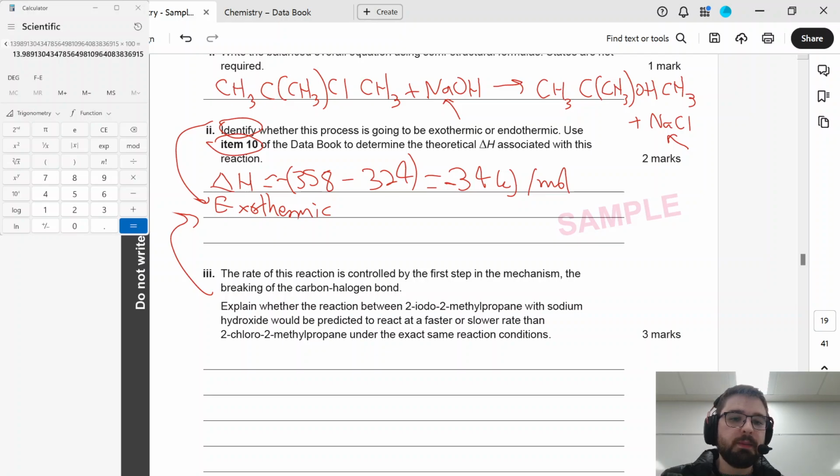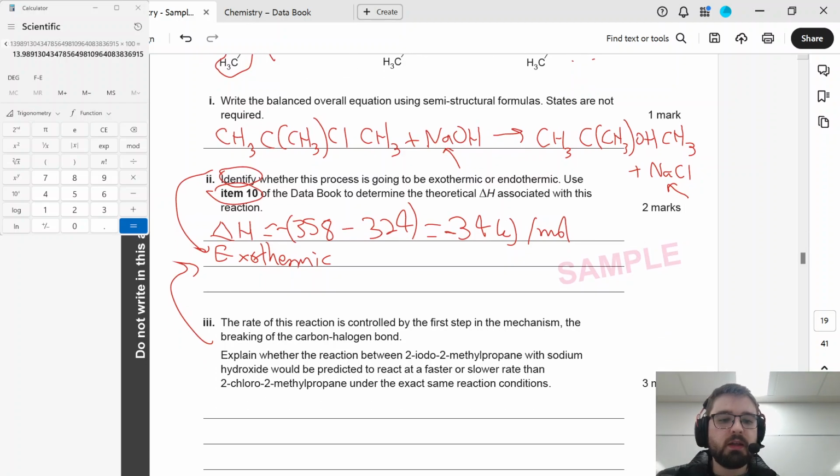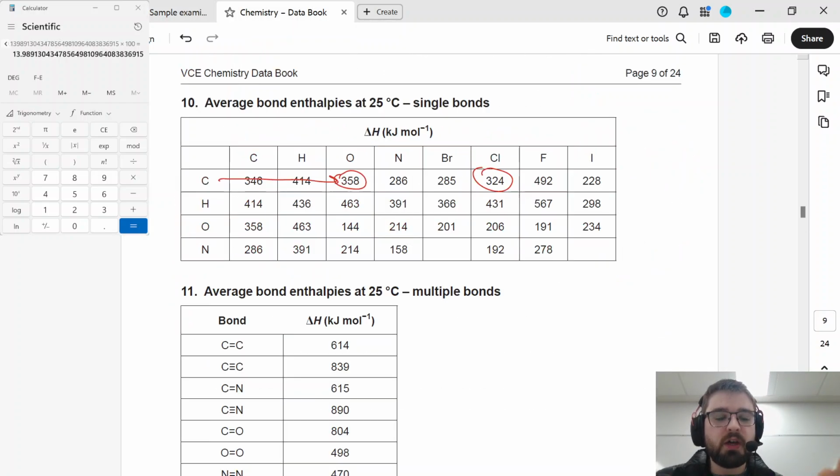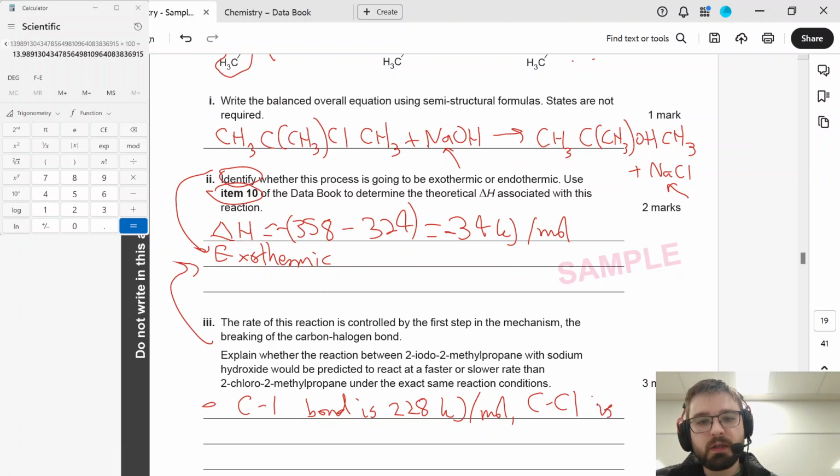So instead of the carbon to chlorine bond, we want to look at the carbon to iodine bond. So the carbon to iodine bond is 228 kilojoules per mole. Carbon chlorine is 324 kilojoules per mole.